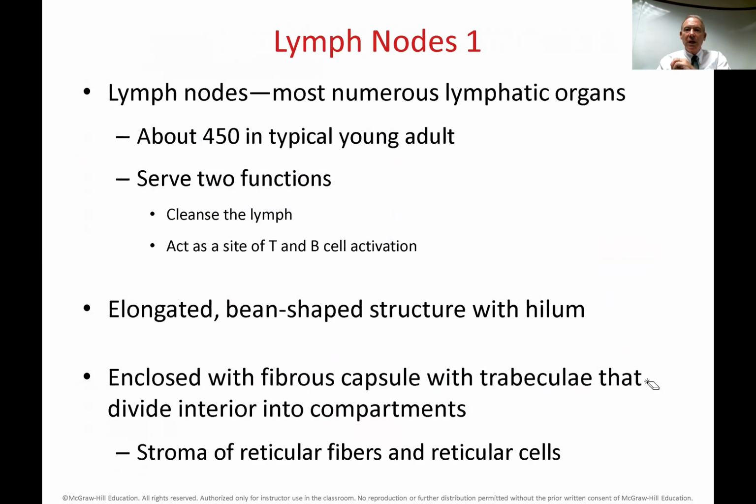The lymph is the fluid that circulates through the lymphatic vessels. Similar to plasma, not exactly the same, but it has less proteins in it. And lymph nodes cleanse the lymph, and that's also where the B cells and T cells get activated.